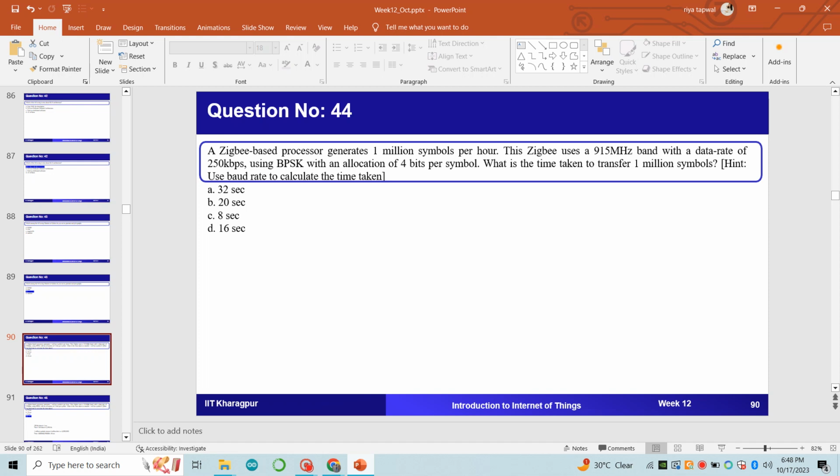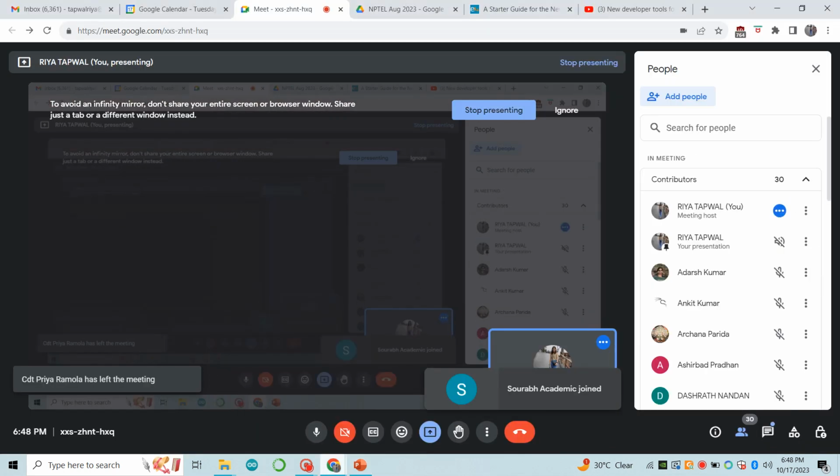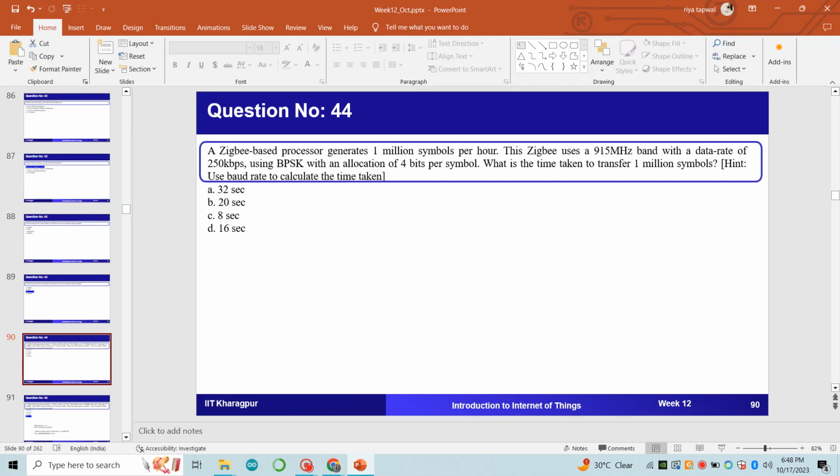No? Okay. So first of all, in the question it is given that your Zigbee processor is generating 1 million symbols per hour. Now you have to calculate how much time it will take to transfer these symbols, that is 1 million symbols.